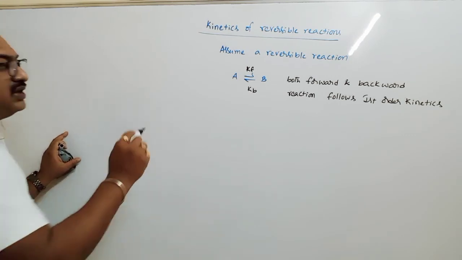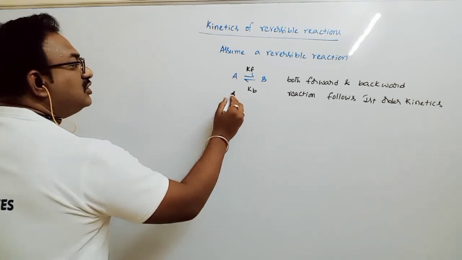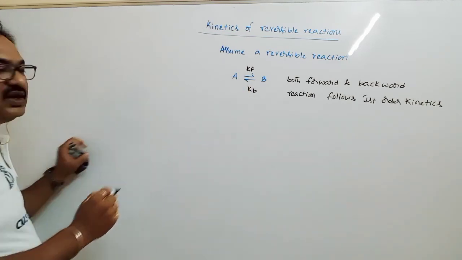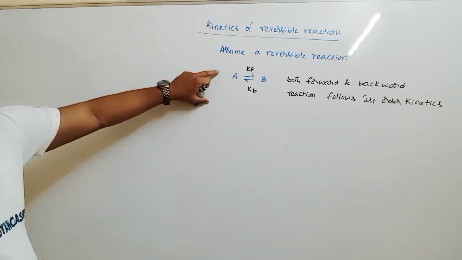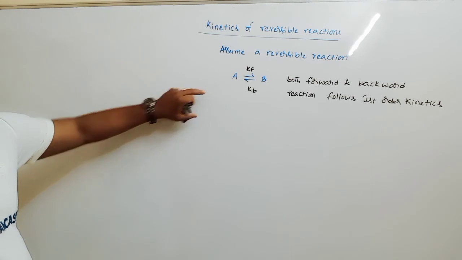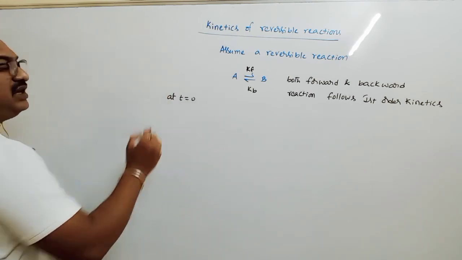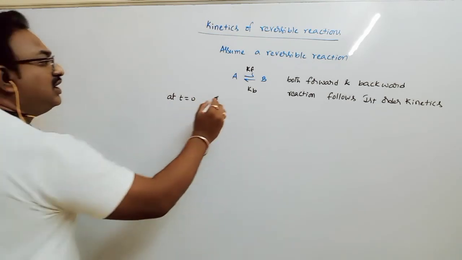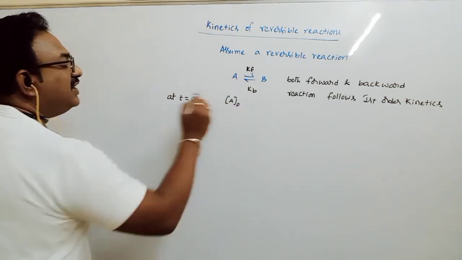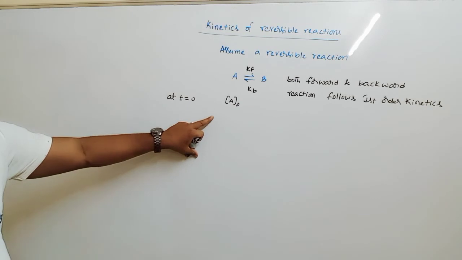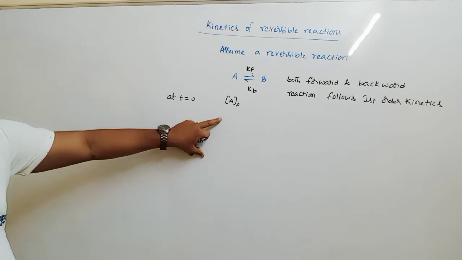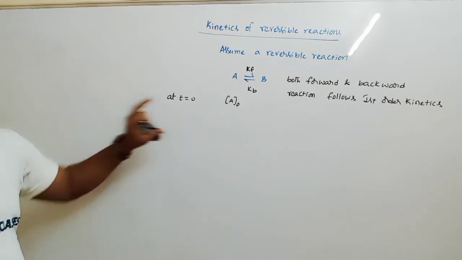Go through this. A gives rise to B. Kf is the rate constant of the forward reaction and Kb is the rate constant of the backward reaction. At t equal to 0, initially, the concentration of A is taken as A0.